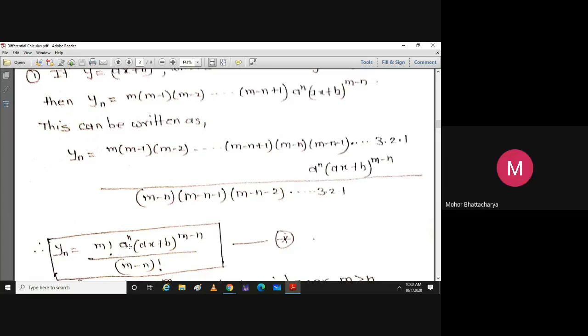Minus 2, raised to 41. Into bracket minus 2x plus 3 raised to 44 minus 41, that is 3, upon 3 factorial. Understood how to apply it?